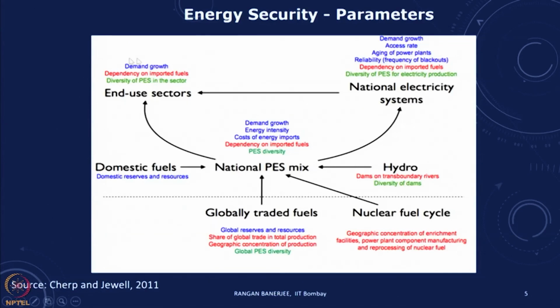That means the different kinds of demands that we have, the national electricity system. We can also look at the mix of the national energy use, the domestic fuels that we have. We can have imported fuels, we can use hydro, we can look at the nuclear fuel cycle, and then we can have globally traded fuels. So all of these dimensions need to be thought of.